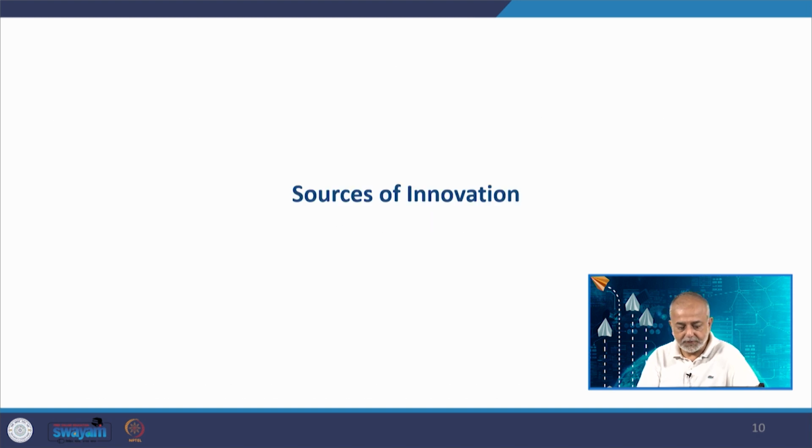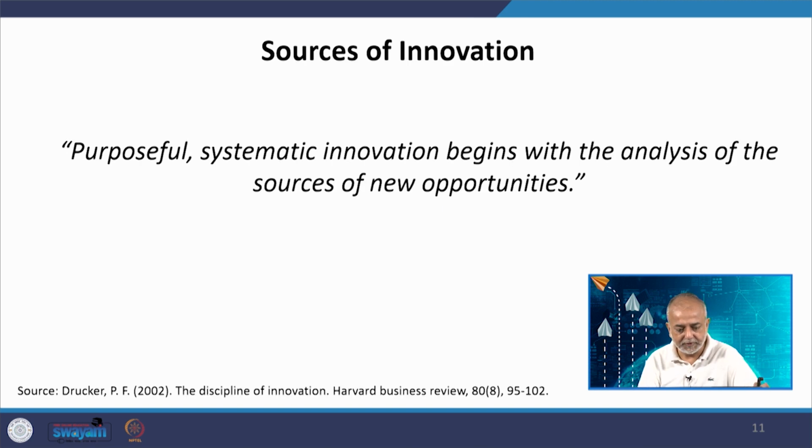page numbers 95 to 102. So now let us look into the sources of innovation, and that is why I am referring to marketers and inventors alike. They are also the sources of innovation basically. So keep their perspective in mind, and let us look into four or five elements as far as the sources of innovation goes. Purposeful systematic innovation begins with the analysis of the sources of new opportunities.